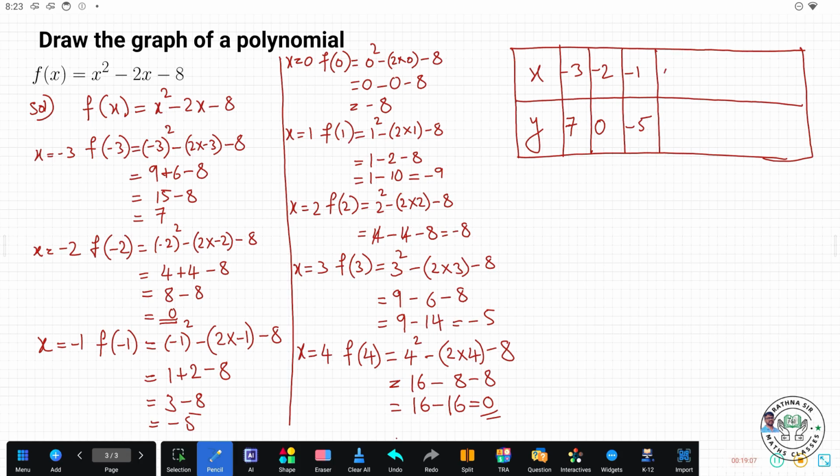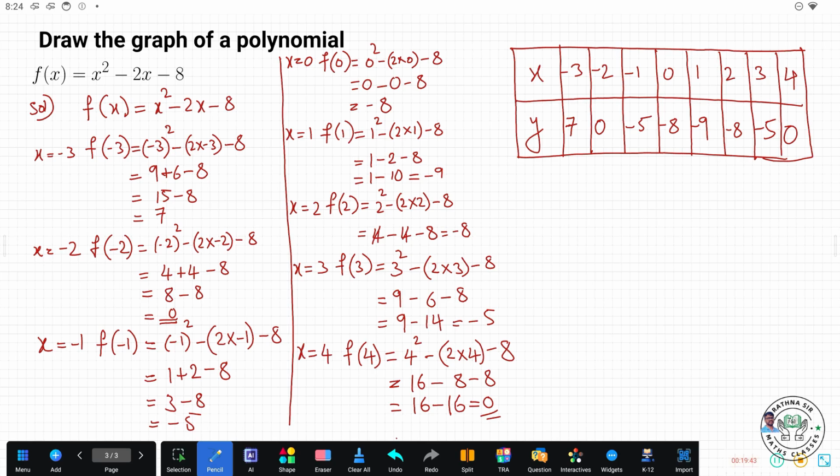At 0, minus 8. At 1, minus 9. At 2, minus 8. At 3, minus 5. And at 4, 0. This is the table, right?